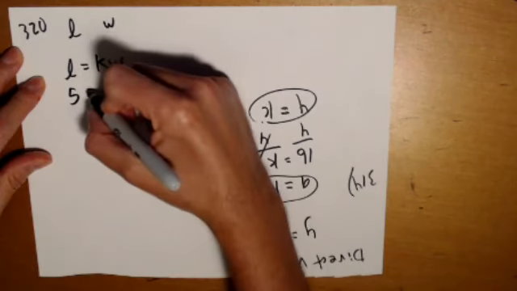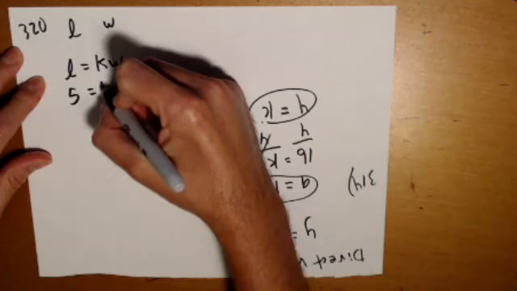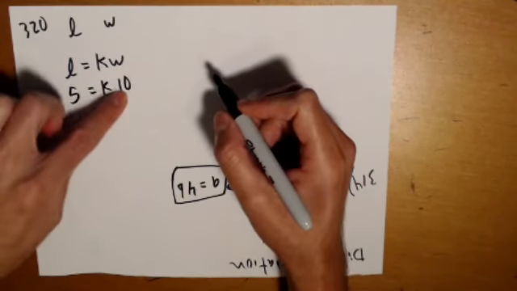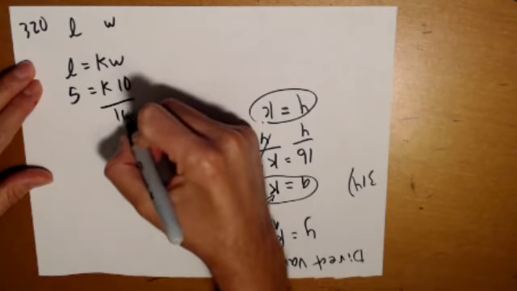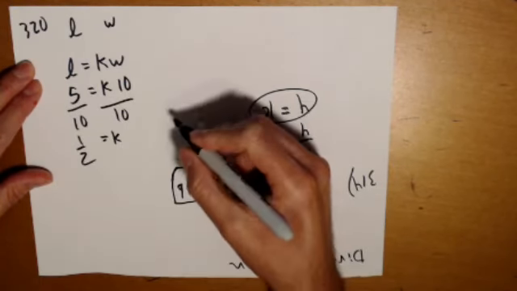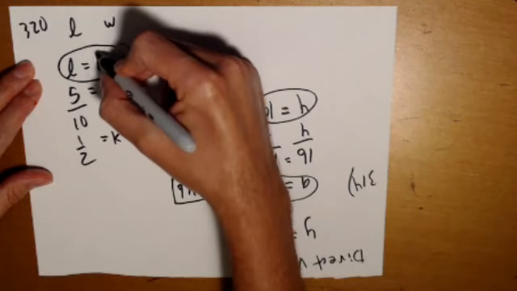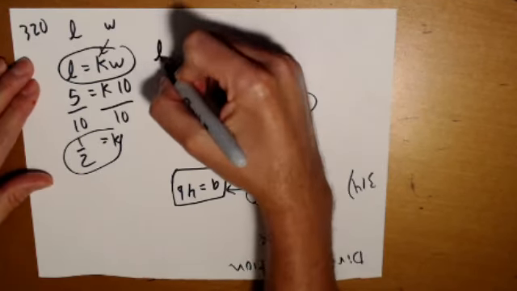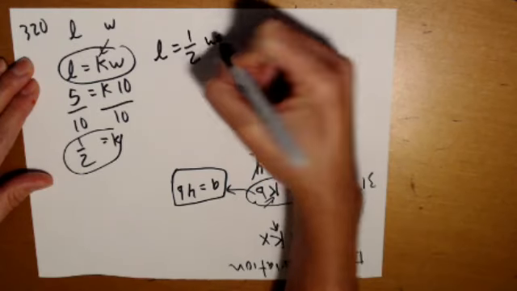Okay. So let's figure out what K is. So we get K alone. So the length was 5 when the weight was 10. Get K alone. So K is 1/2. So go back to our original and plug in the new value of K of 1/2, and we get L is equal to 1/2 W.